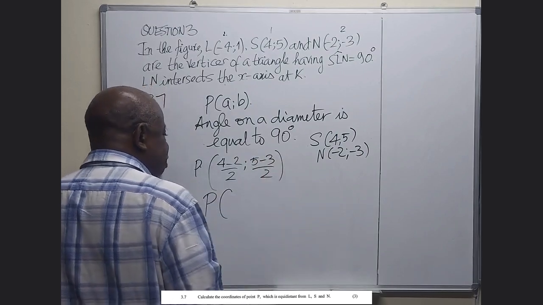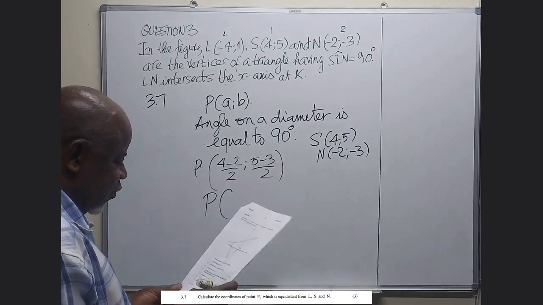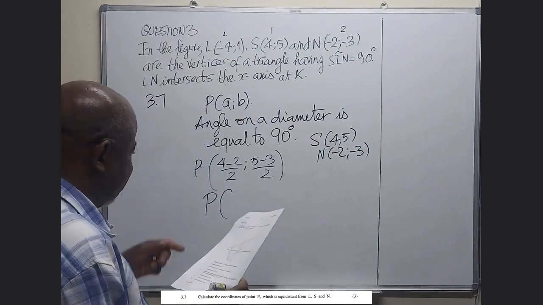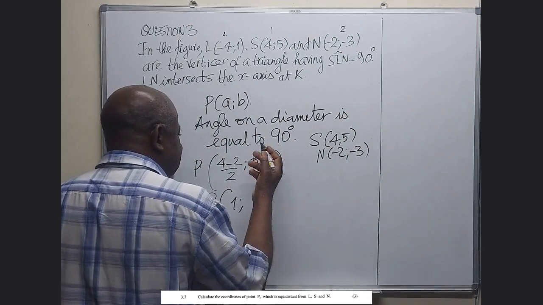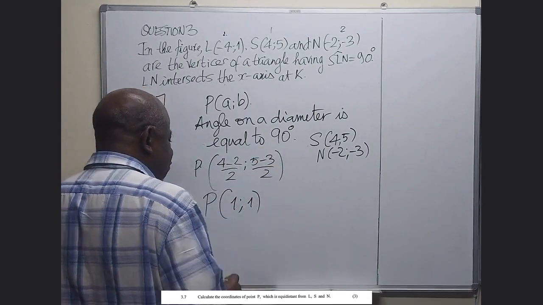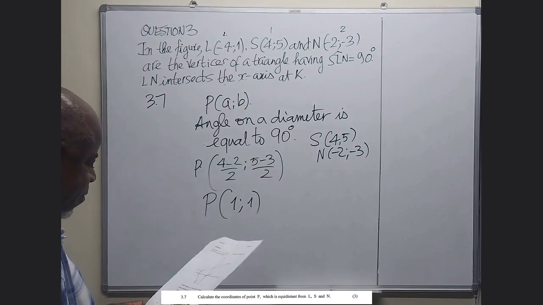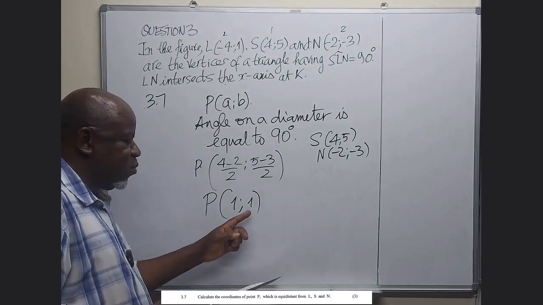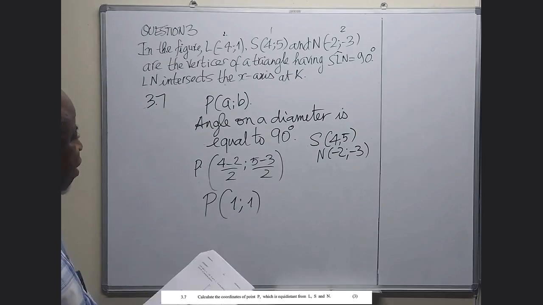And this will be the coordinate of P, being a point which is equidistant from L, N, and S. 2 divided by 2, we get 1. 5 minus 3 is 2, over 2, we get 1. So the coordinate of point P, which is equidistant from L, S, and N, will be (1, 1). So here's the answer for question 3.7.